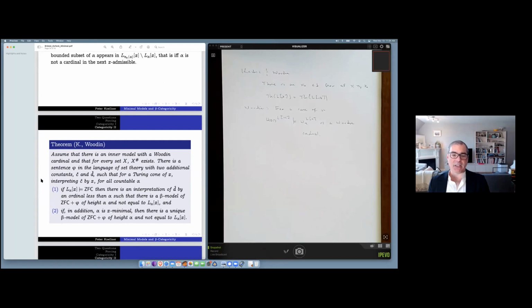Then there's a sentence phi in the language of set theory, and we need two additional constants, c and d, such that for a Turing cone of x, if you interpret c by x, then for all countable ordinals alpha, if you're at a level that satisfies ZFC, whether it's bleak or not, then there's an interpretation of d by an ordinal less than alpha, such that there is a beta model of ZFC plus phi of height alpha, and it's not equal to L alpha of x.